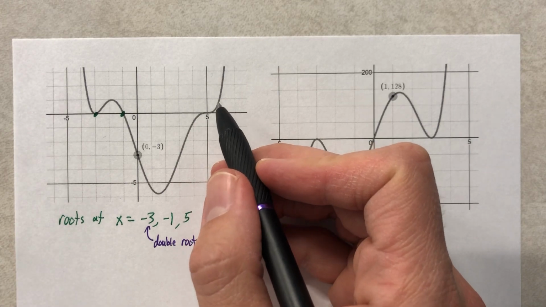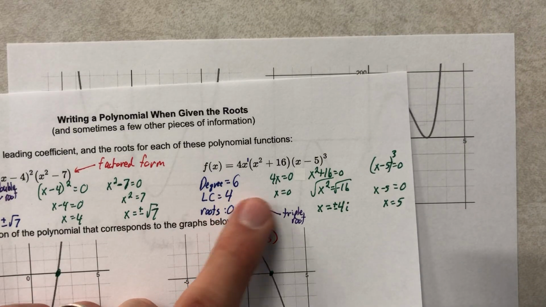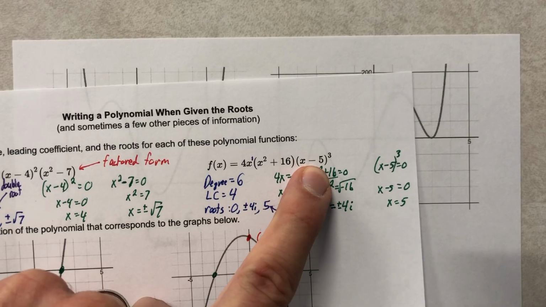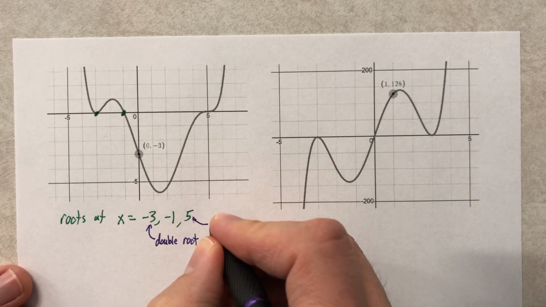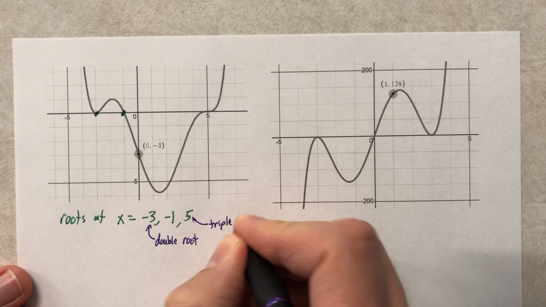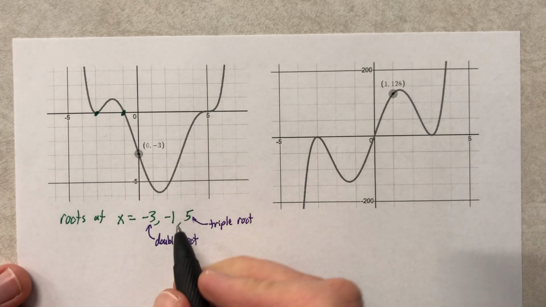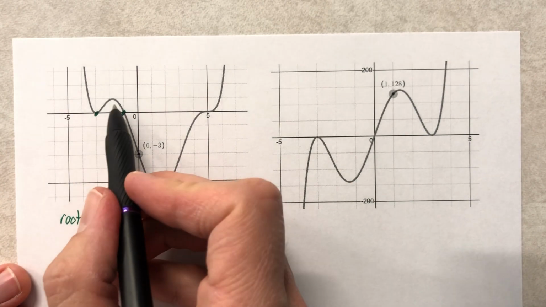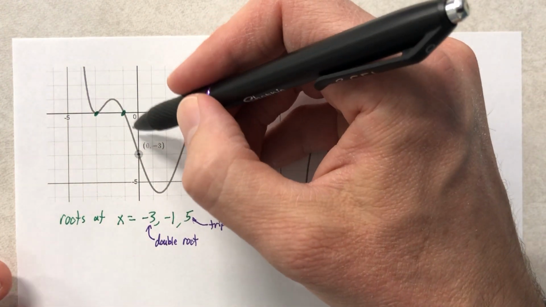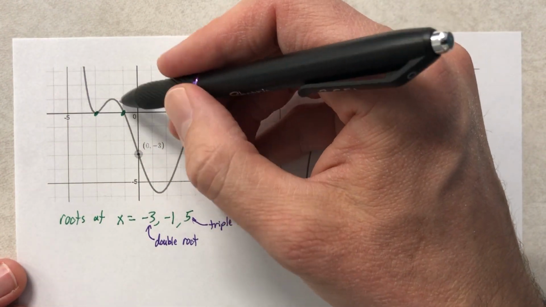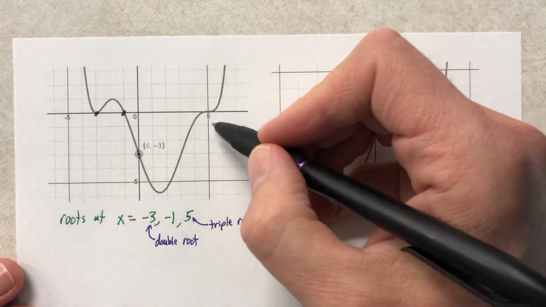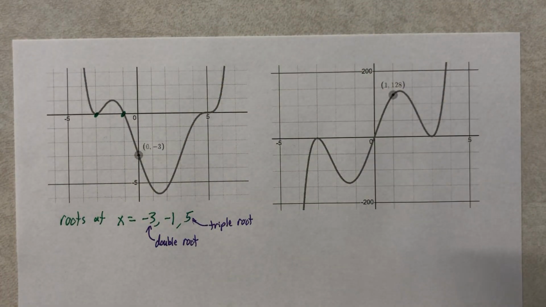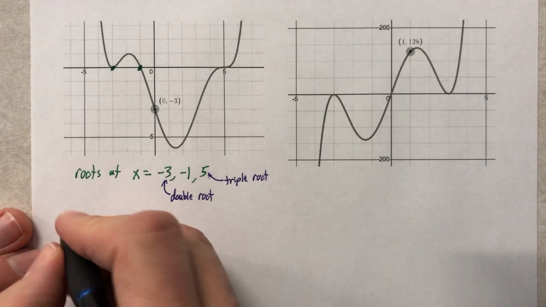I hope you remember this problem that had the 5 that looked cubic in that general area. This is a triple root. This one is not. It just passed right through. It's not a straight line, but you can think of it as almost like a linear root. Clearly not a straight line, and not a parabola, and not cubic, but it has that general shape in that area, generally.